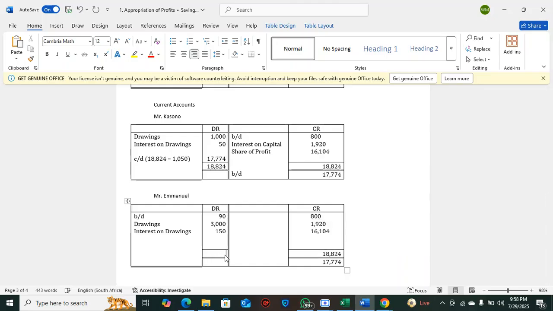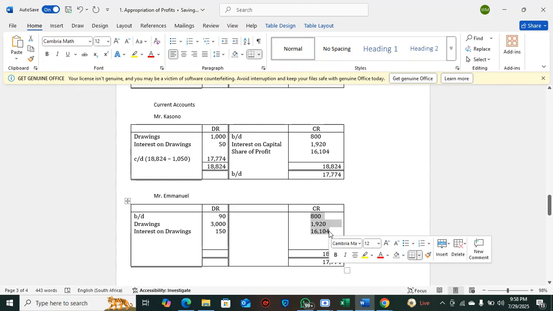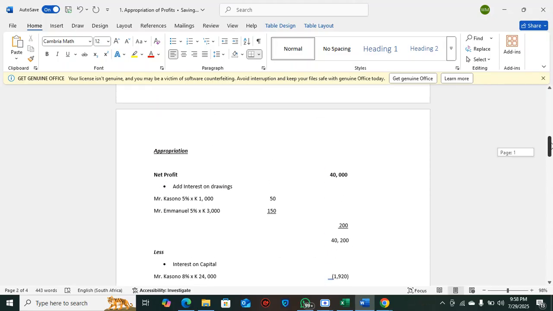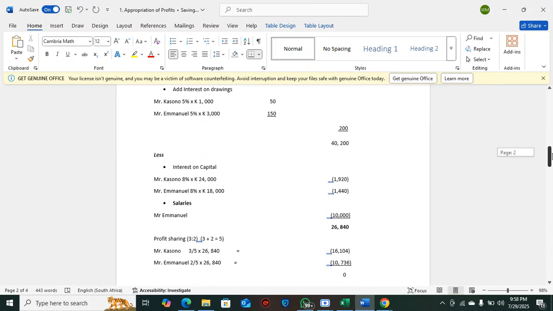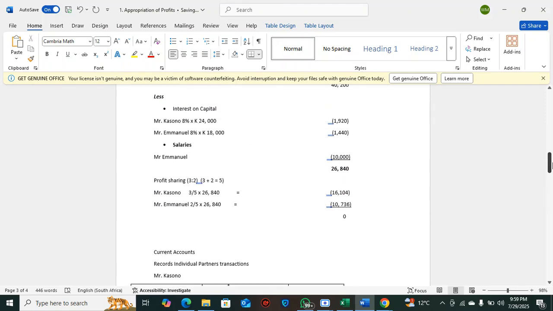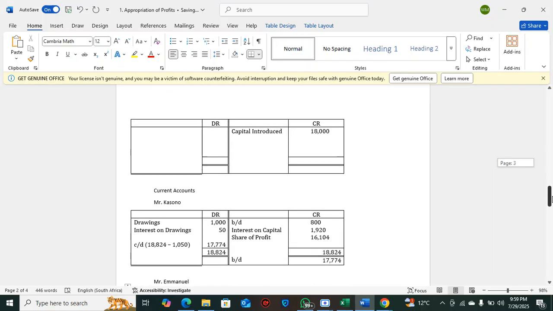Then we go on the credit side. Here we've got interest on capital 1,440. We've got salary, 10,000.